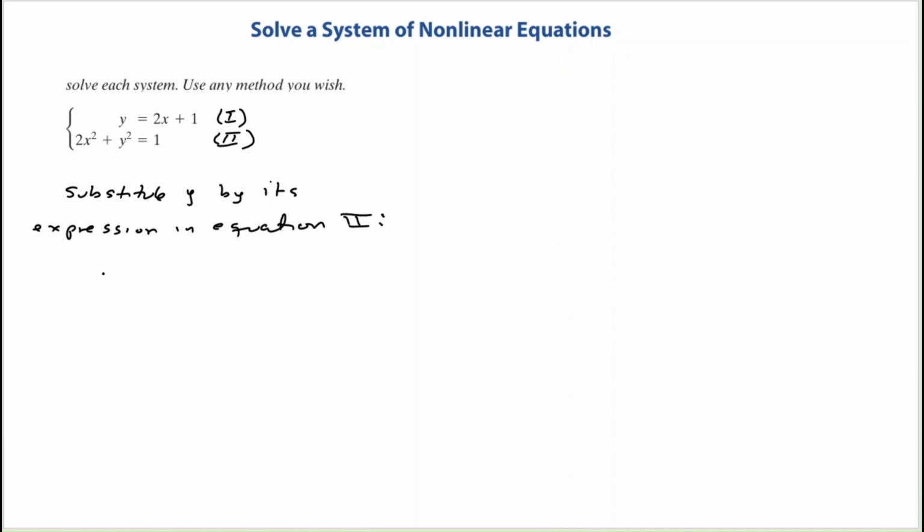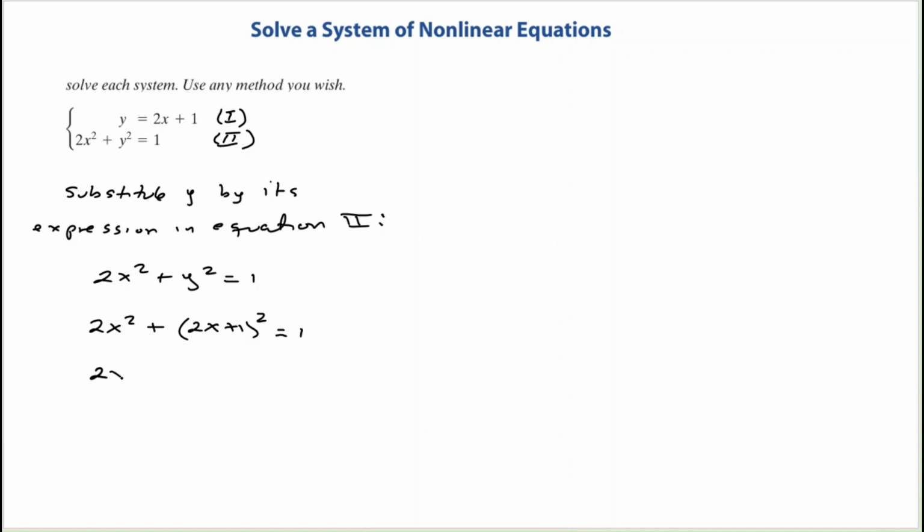So equation 2 is 2x squared plus y squared equals 1. But y is 2x plus 1, so we say 2x squared plus, what is y? (2x plus 1) squared equals 1.